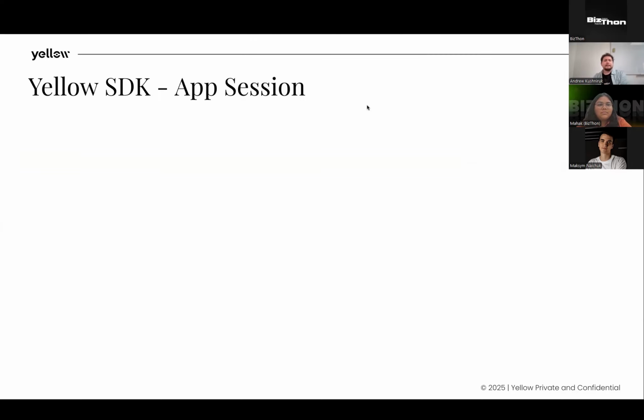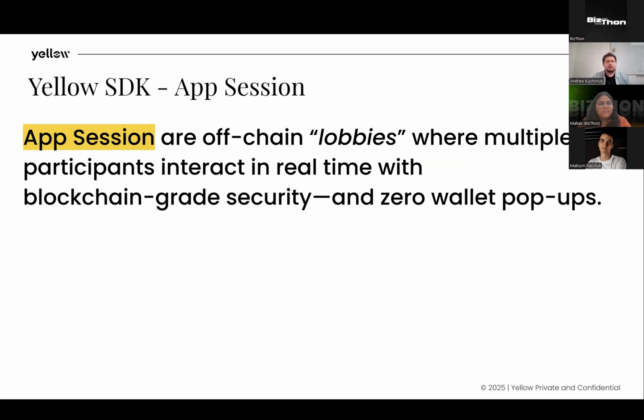The advanced part is application sessions. You can think about application sessions as a multiple-participant lobby, an off-chain lobby, where all participants can exchange movements or funds in real time with blockchain-grade security, and you will not show any pop-ups to your end users.